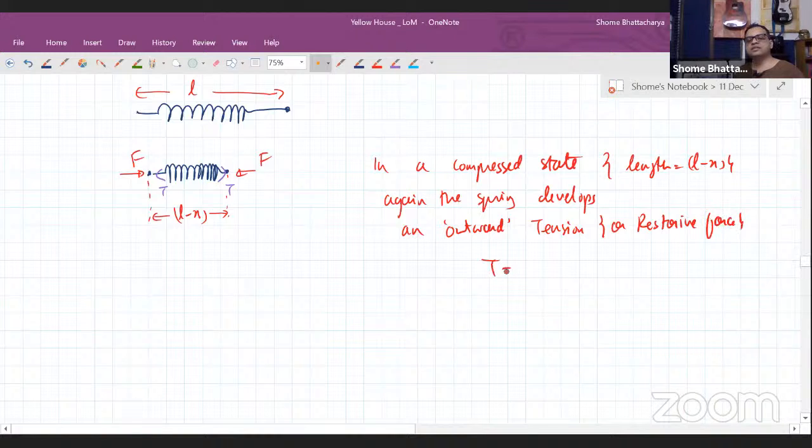And again, this tension is equal to kx in magnitude, where k is the spring constant. So whether a spring is compressed or it is extended, it will exist like this.